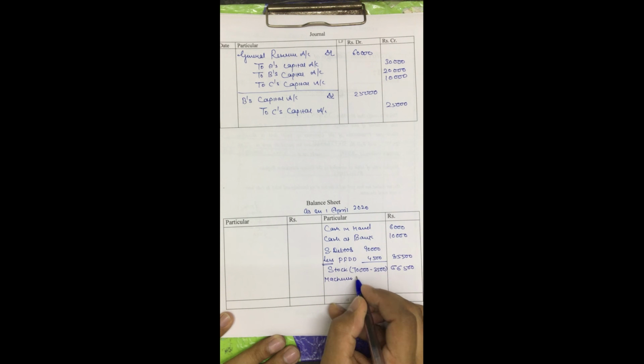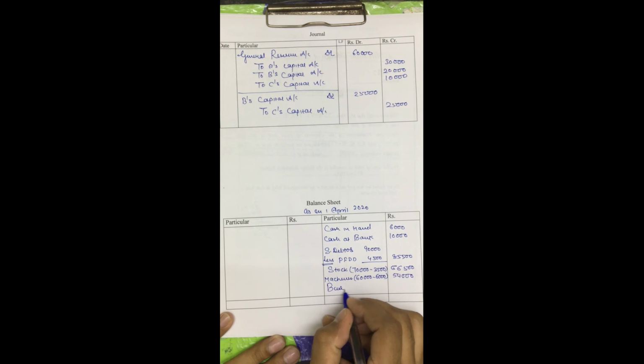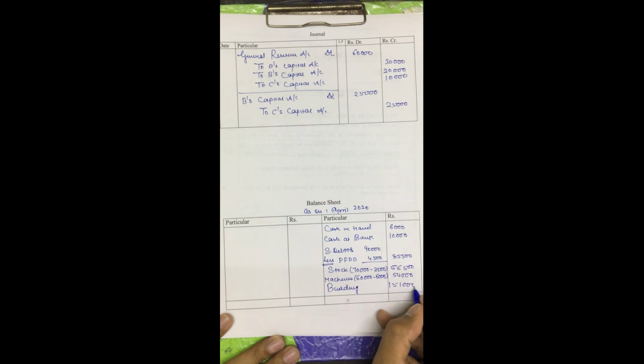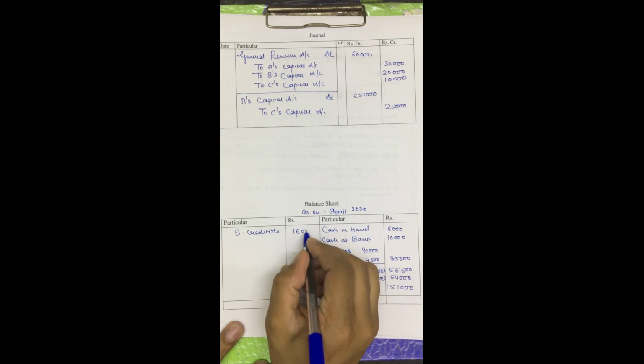Then machinery 60, it decreased by 6,000. You can see the revaluation also, 54. And building, that is increased by 11,000, 1,51,000. Here is sundry creditors, that is 16. There's no change on that.